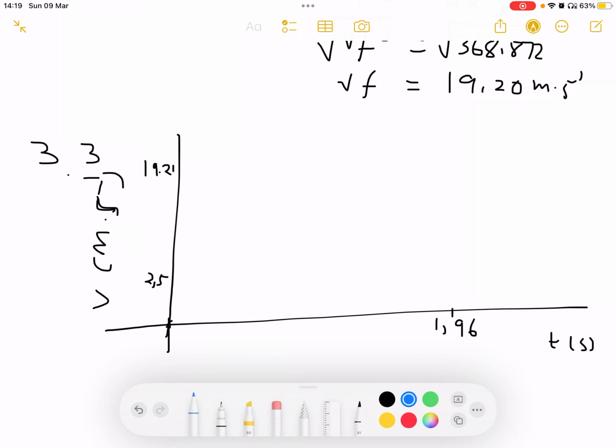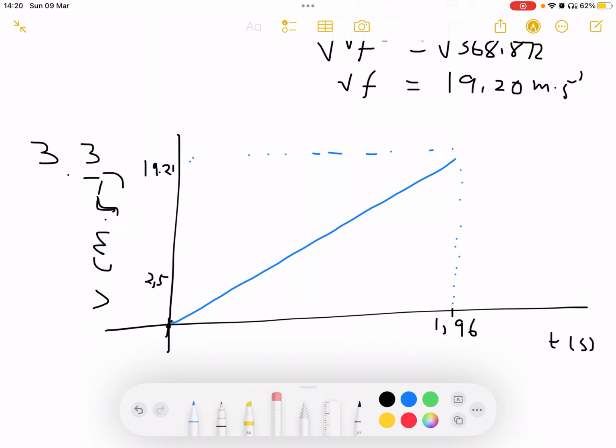The ball that was dropped got to 19.21 at 1.96, so with a ruler you'd have to draw a straight line getting here, and you shouldn't extend from that point. If you have a proper ruler, I don't want to use mine because of time constraints.